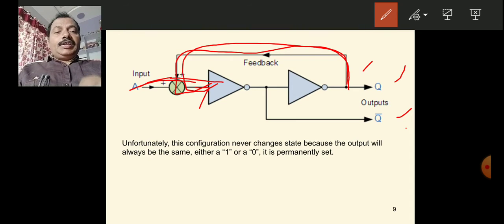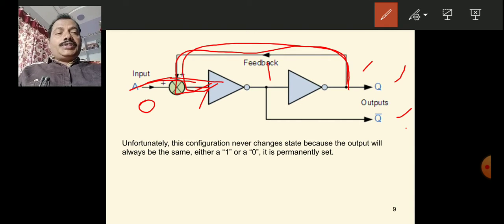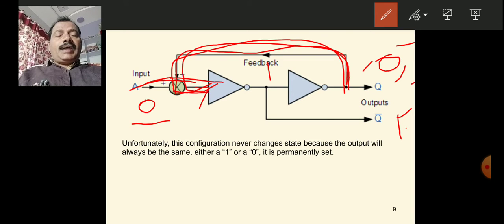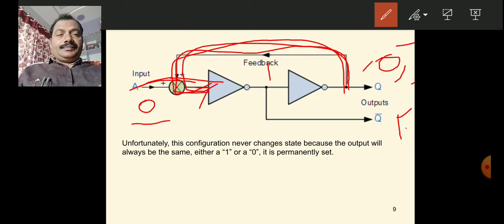If A equals 0, then the output Q is 0 and Q bar is 1. This 0 is fed back like this. That means the circuit is stuck at 0 only. It cannot change state.